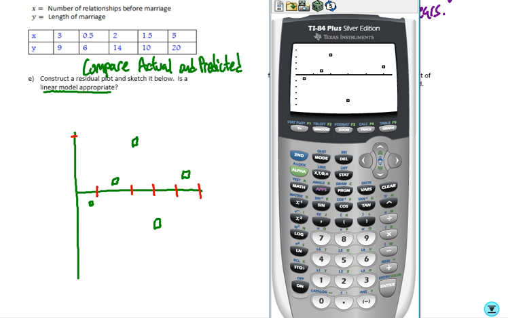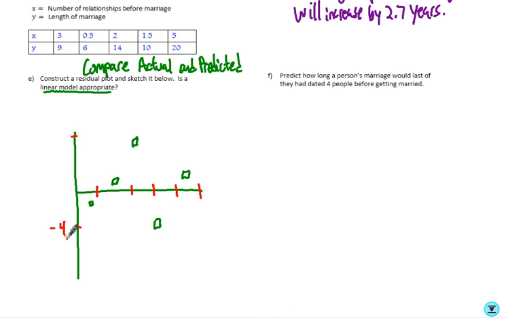So for instance, if I wanted to know what this residual is right here, I can hit trace and scroll over to what that would be. This point right here is that when x is equal to 3, we were off by -4, right? So this would be a -4.